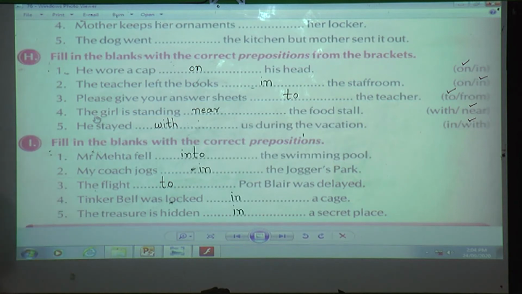Into the swimming pool. My coach jogs. Now where does he jog? In the joggers park. The flight to Port Blair was delayed. Tinker Bell was locked in a cage. And the last one is, the treasure is hidden in a secret place.